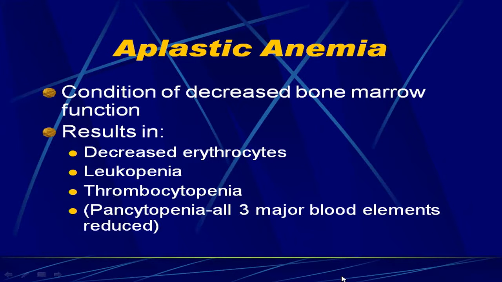They're going to have decreased red blood cells. They're also going to have leukopenia. We all know that the white blood cells are responsible for fighting off infection and bacteria. So here with aplastic anemia, the person is going to have a problem fighting infection. And platelets are responsible for helping us to not bleed, so the person is at risk for hemorrhage when their platelets are low.